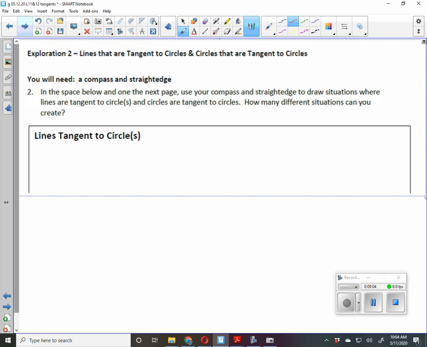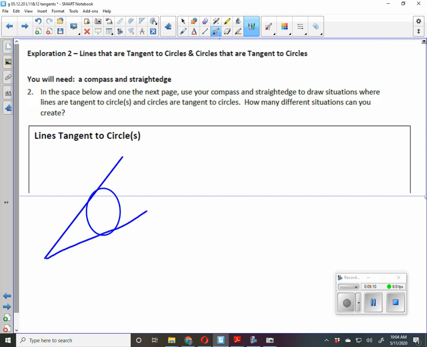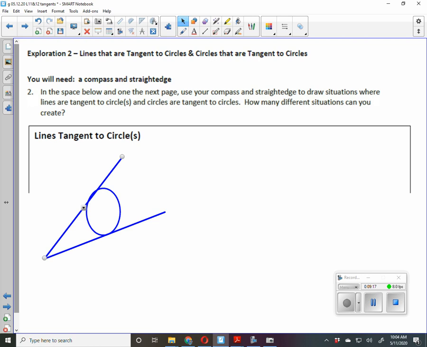So if here's a circle, right, you could draw a tangent line like this, and I missed it, didn't I? Like that, like that. How many different situations can you create?